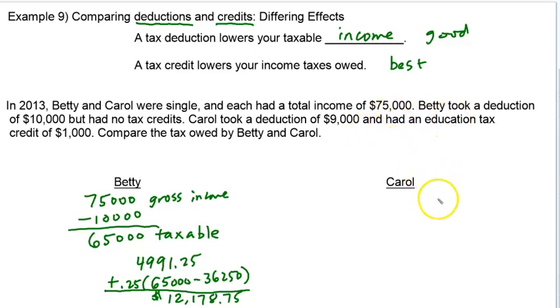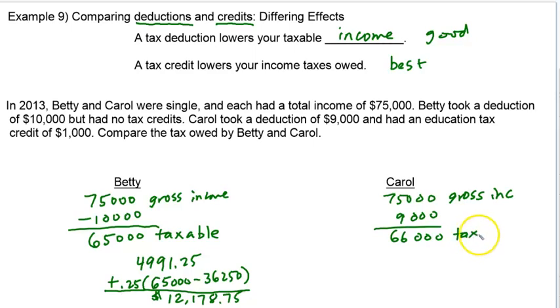Carol also had gross income of $75,000. She took a deduction of $9,000. So her taxable income is a little bit more. Okay, so let's go to the table and find out how much she possibly would owe based on 66,000.